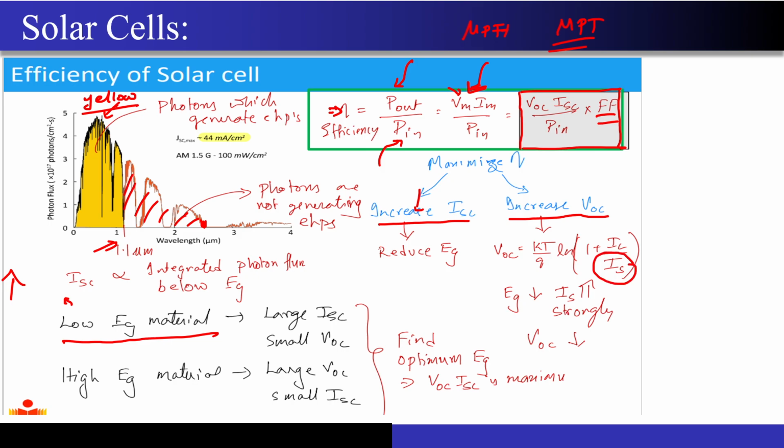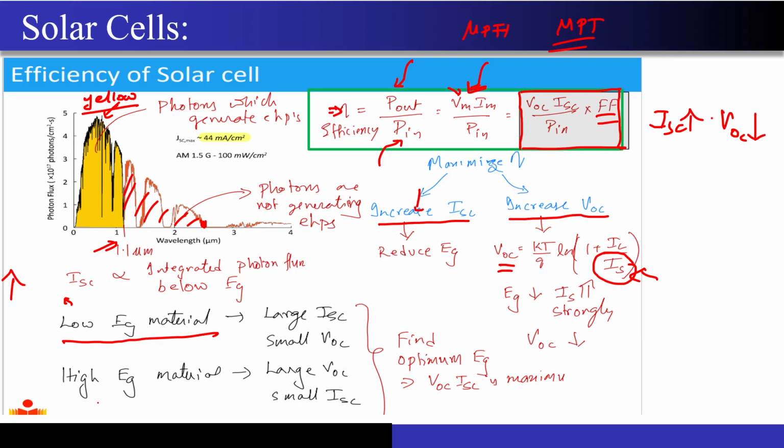Now to increase the short circuit current, if you lower the band gap, your reverse saturation current is increasing. If your reverse saturation current increases, that means this term will decrease, and that means your open circuit voltage is going to decrease. So when you are trying to increase ISC, the open circuit voltage is decreasing. That is the problem.